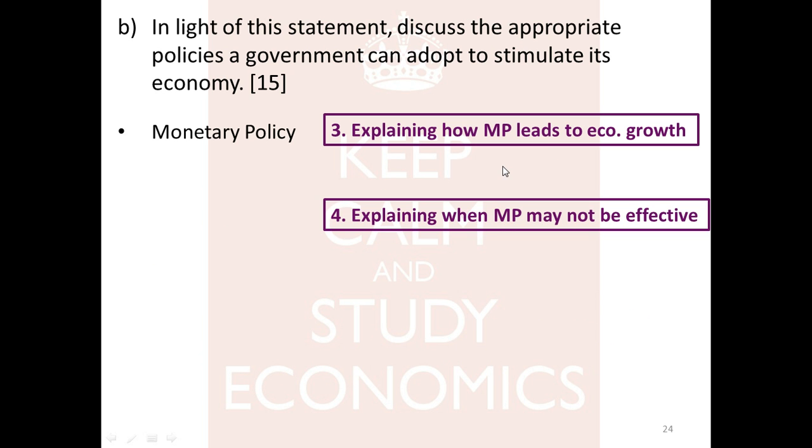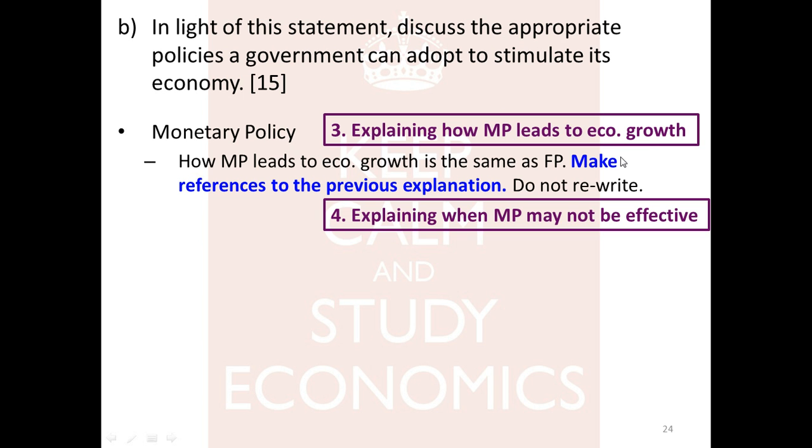Now, how monetary policy leads to economic growth essentially is the same as how fiscal policy leads to economic growth, because ultimately both of them are demand side policies, and what has happened is that your demand curve shifts to the right.